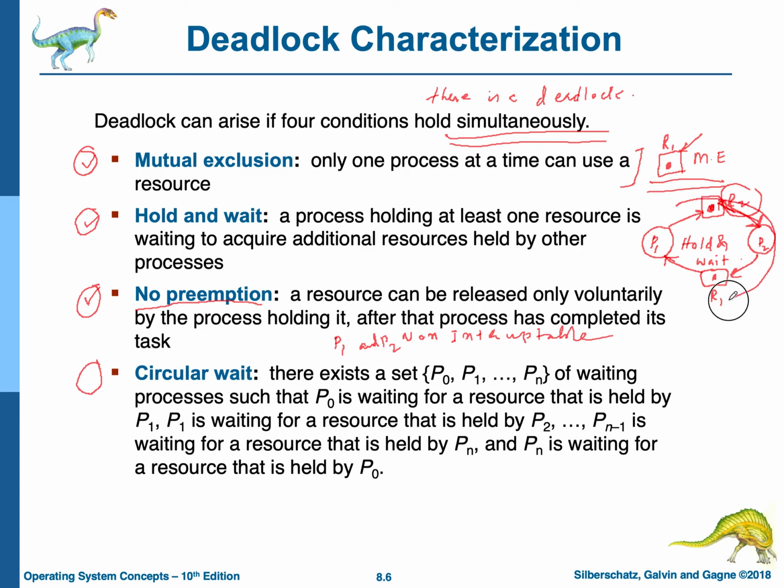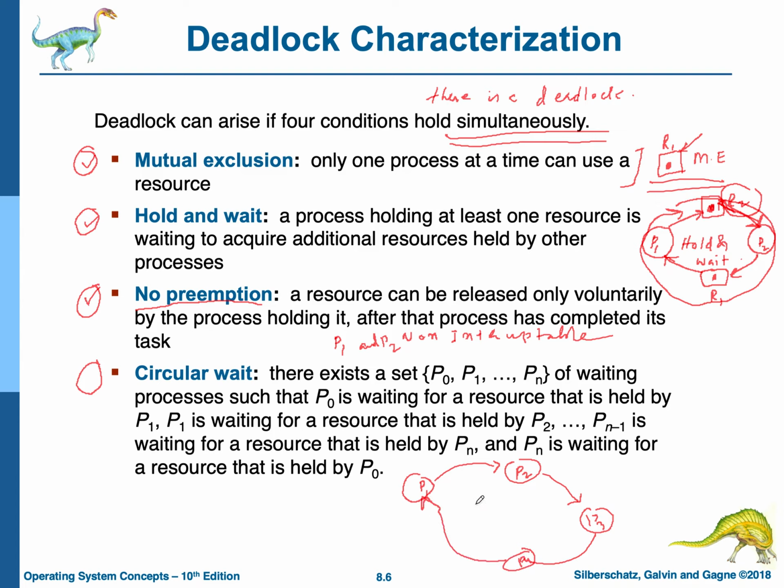We can say that there is a circle also, that every process is waiting for the release of resources from another process. For example, P1 is waiting for P2, right? P2 is waiting for maybe P3, and P3 is waiting for P4, and P4 is waiting for P1, right?